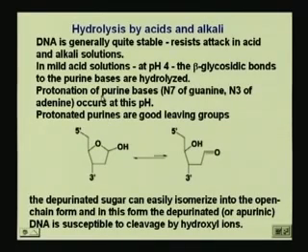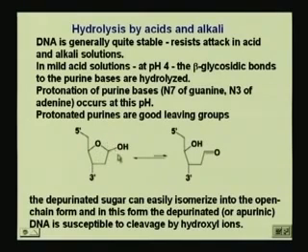Now what is going to happen if you have protonation of the purine bases in the acidic solution? You are going to disrupt the hydrogen bonding, as a result of which you get this hydrolysis, which leaves your purines protonated, which acts as a good leaving group.